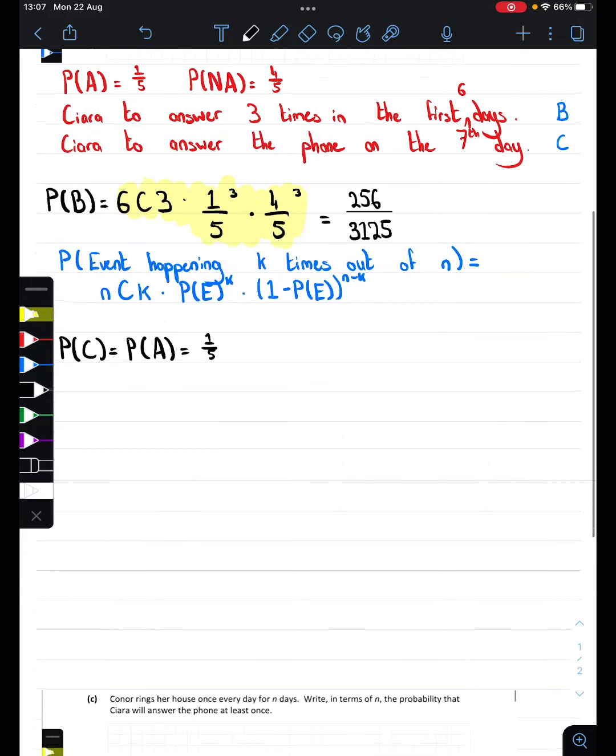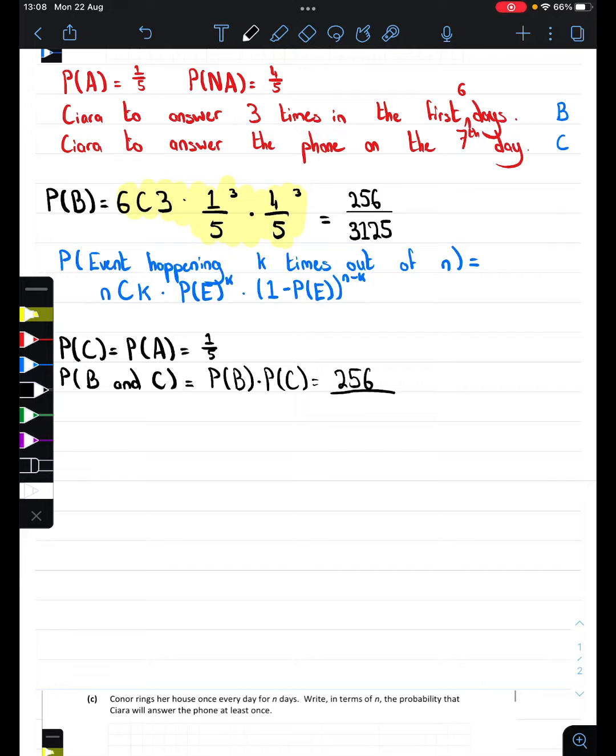So the probability of both happening, probability of B and C, well, that's just the product of the two, the probability of B times the probability of C, which is just 256 over 3,125 by 1/5, which is 256 over 15,625.